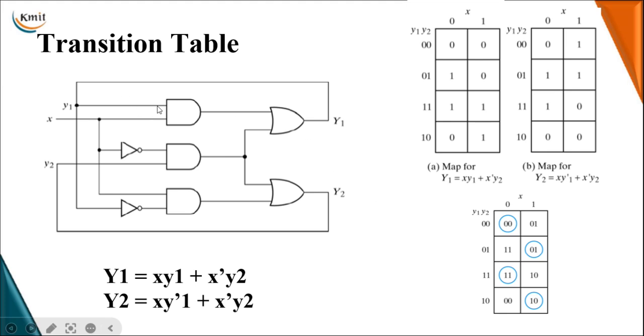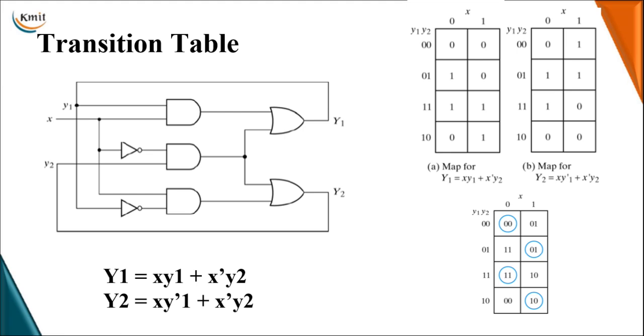So we have to derive your transition table from a logical diagram. This is one example we have taken with the two states y1 y2 and a single input. The external input, the present input, is x, and we have obtained two next states, which we denoted with capital Y1 and capital Y2, and these are derived from the present input with your present states. These feedback elements, where we connect your next state as your present state, are symbolized with small letter y1.